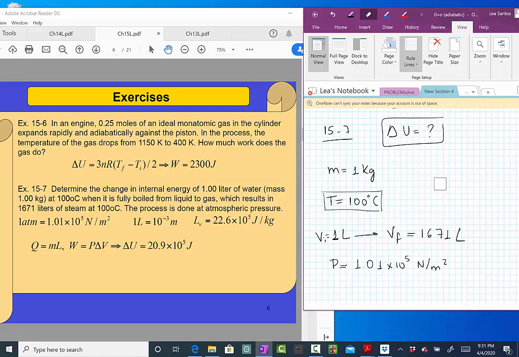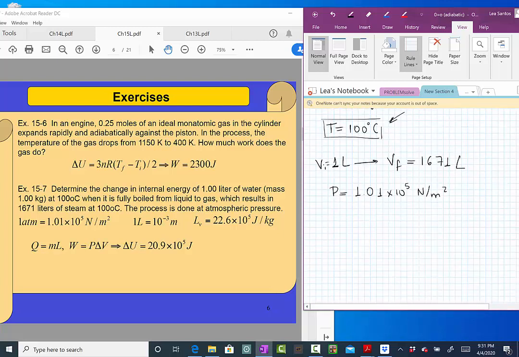So here, even though the temperature is constant, we are changing the internal energy because we are changing the phase of this substance. So how are we going to get this delta U? Well, the first law of thermodynamics, that is still valid.